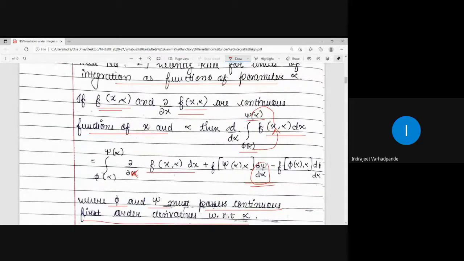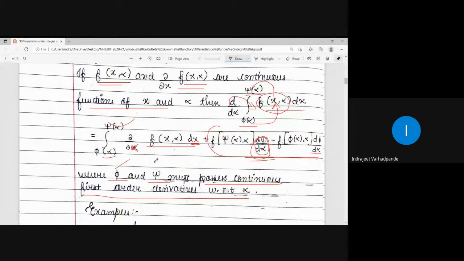So in this case, whenever this derivative goes inside the integral, it becomes a partial derivative, and this function is differentiated partially with respect to alpha, and then it will be integrated with respect to x, putting the limits as psi of alpha and phi of alpha, because these are parameters, plus additional terms: f of psi of alpha comma alpha into d psi by d alpha minus f of phi of alpha comma alpha into d phi by d alpha, that is upper limit minus lower limit and their respective derivatives of the parameters, which will be taken with respect to alpha.